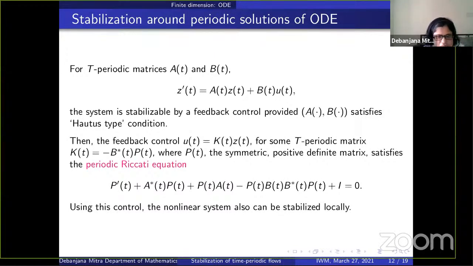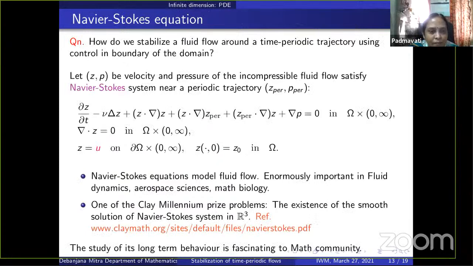I will just briefly mention the compressible Navier-Stokes equation, and then I will end. Maybe I'll get 2-3 minutes more. Yes, please. Okay. So our goal was to adopt all these ideas in particular to the case of the Navier-Stokes equation. First of all, the Navier-Stokes equation is interesting to all of us.